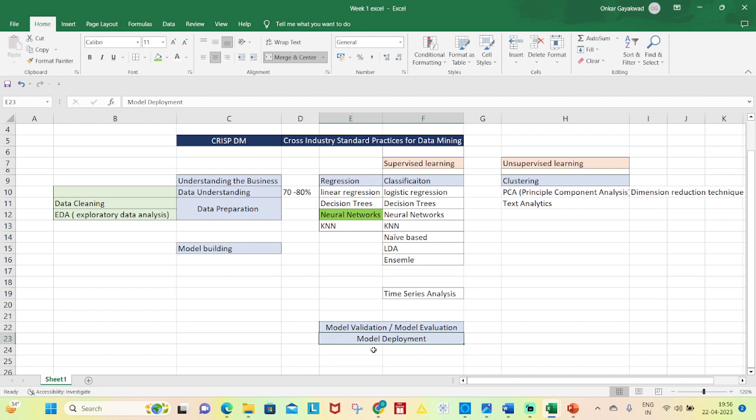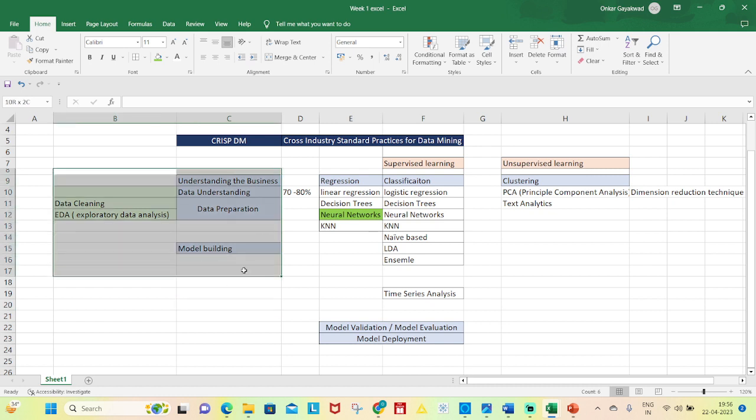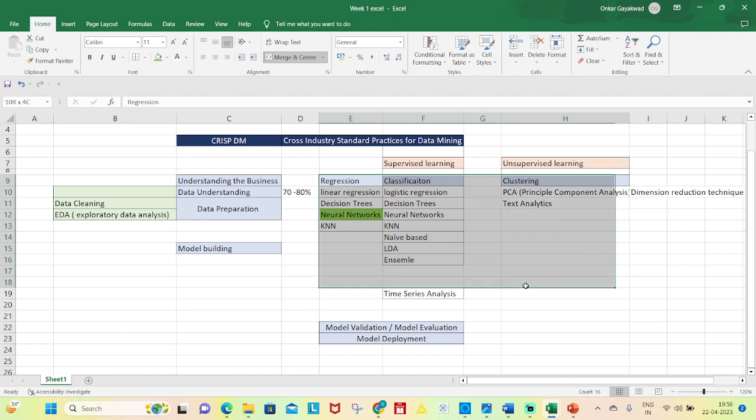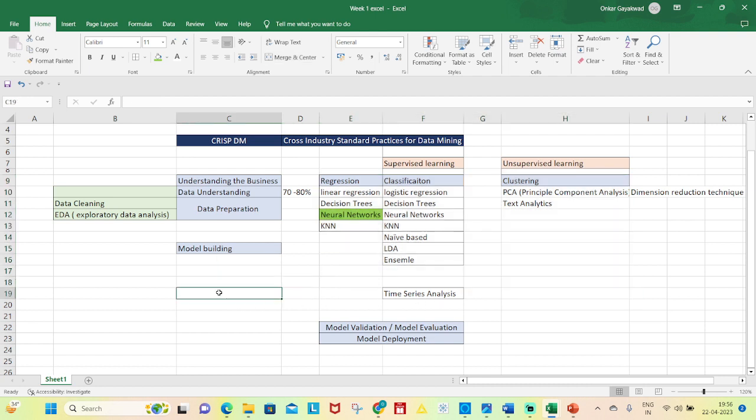What is model deployment? In our previous example, you cannot expect the bank clerk to do all these steps to make a model and then come to a conclusion if this customer who has just walked in would be a potential defaulter. So what does the IT team do?